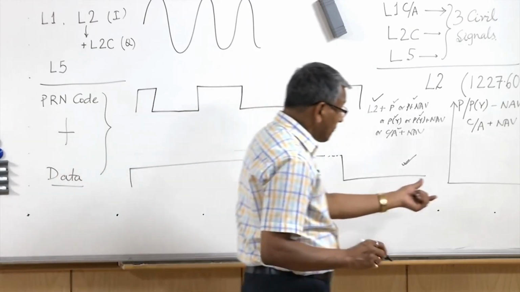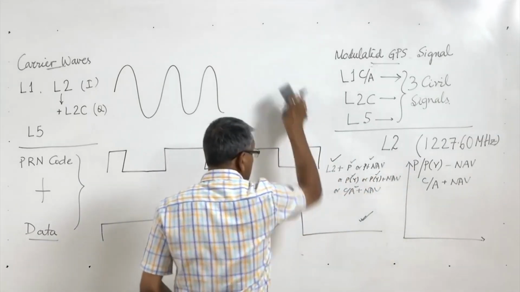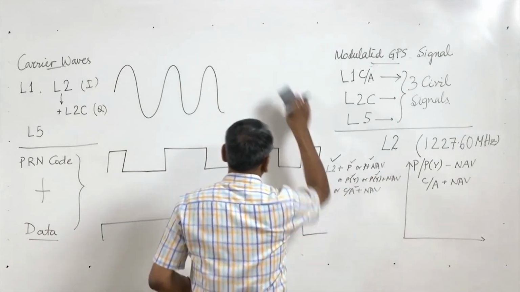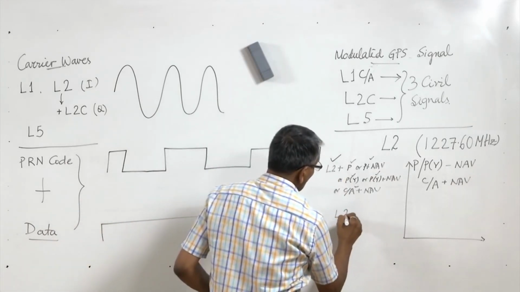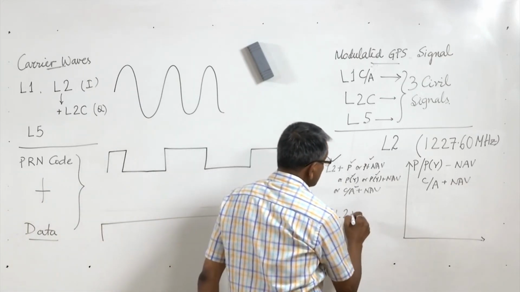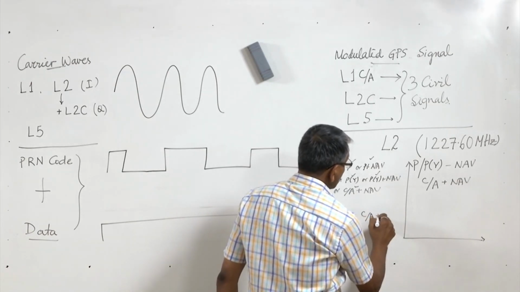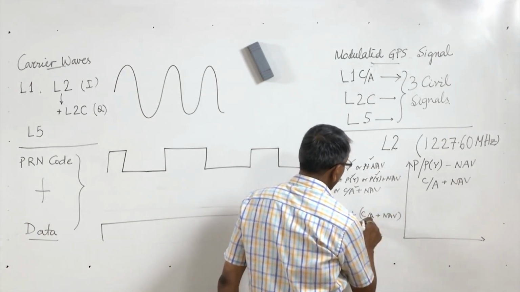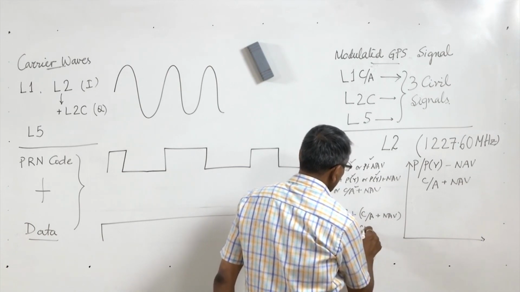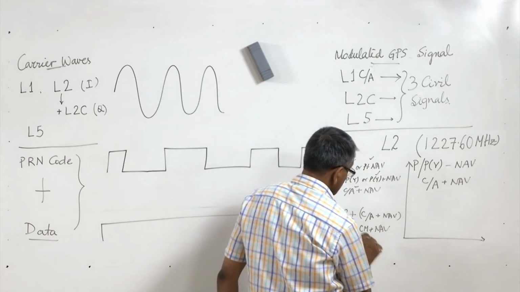Now in quadrature phase, there may be three combinations for L2: it may be CA plus nav data, or CM plus nav data, or CL.